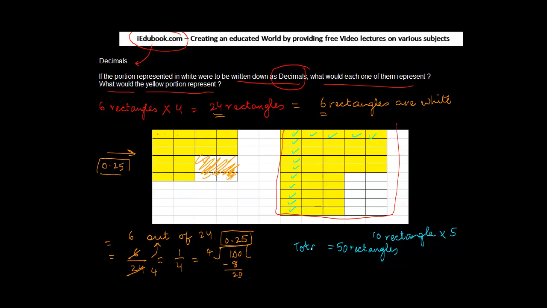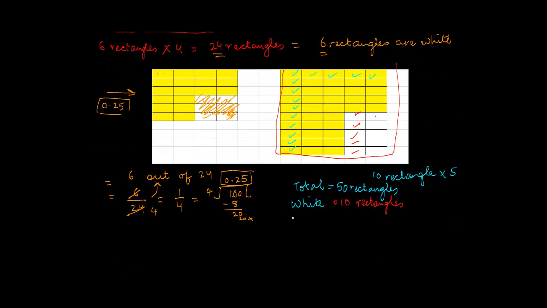Total. How many are white? We have, let me use a different color. It might not just appear this time. 1, 2, 3, 4, 5. 5 into 2, 10. So we have 10 white rectangles. Right? So the white portion basically represents what? White portion represents 10 out of 50, or 10 by 50.